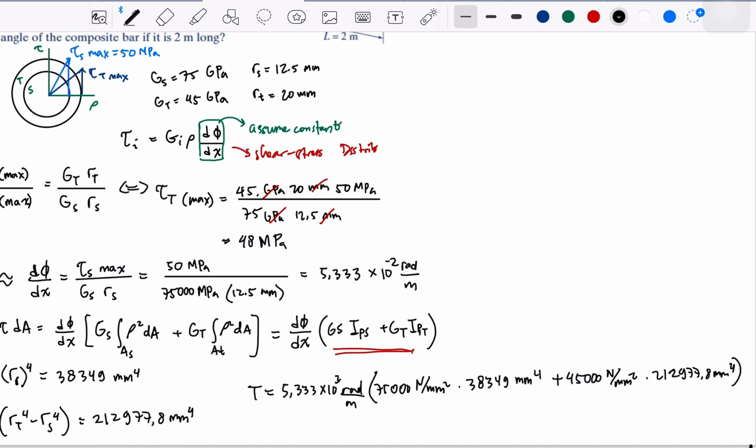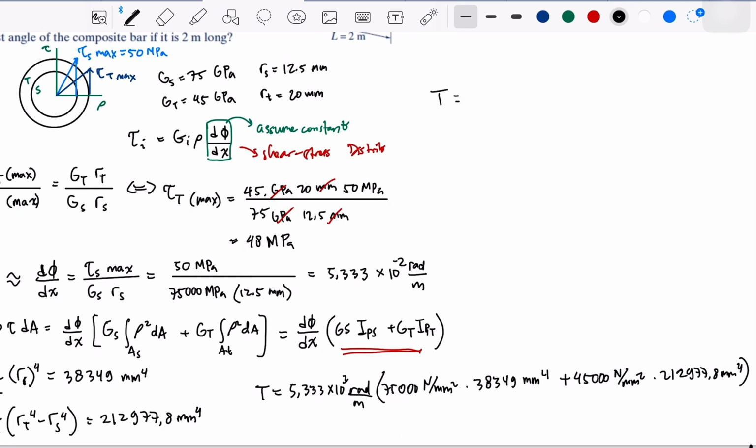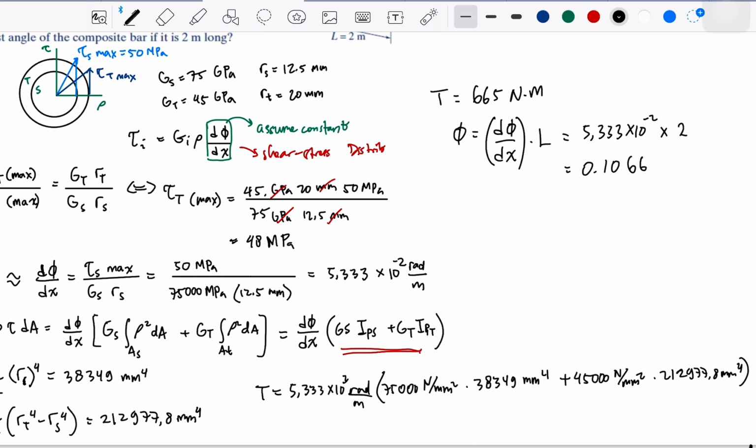After calculations, we get that T is 665 Newton meter, and the total twist angle, then we take the angle change and multiply with the length, so 5.333 multiplied by 2, and this will be 0.1066 radian. So this will be the answer.